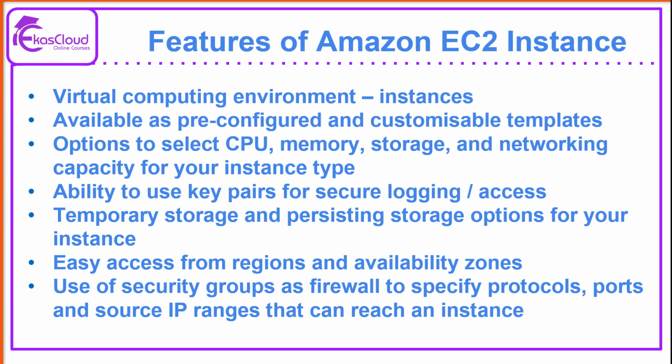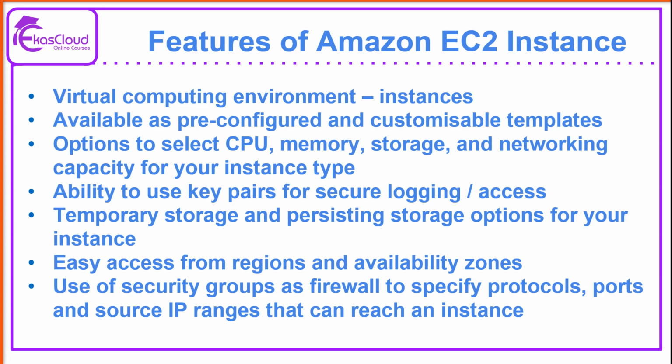Options to select the type of hardware you require, so that's your CPU, the memory type, storage, and networking capacity for your instance. And for securing your instance, you can use key pairs. So this is one of the options you have. You have a key pair customized for allowing secure login and access to your instance.